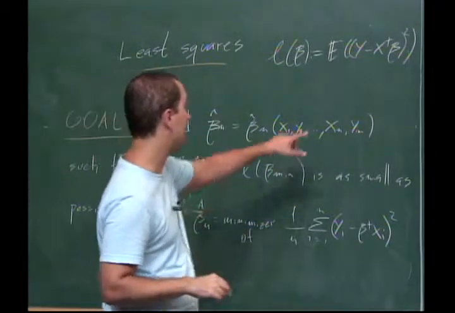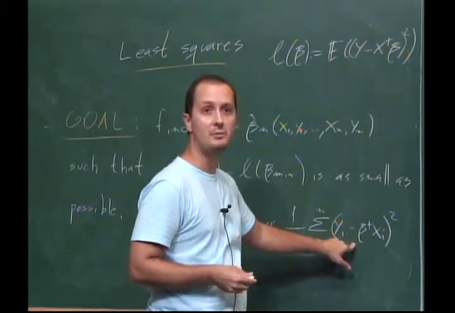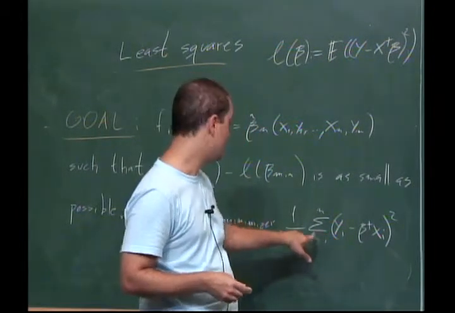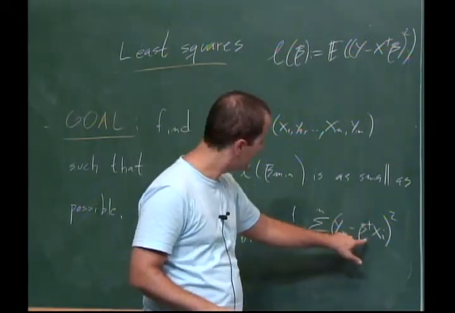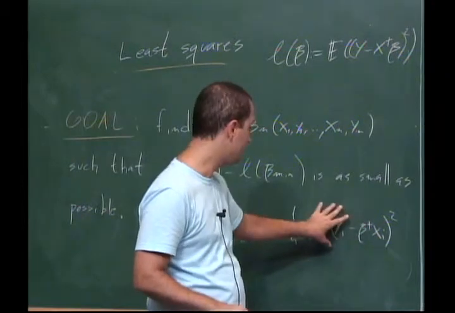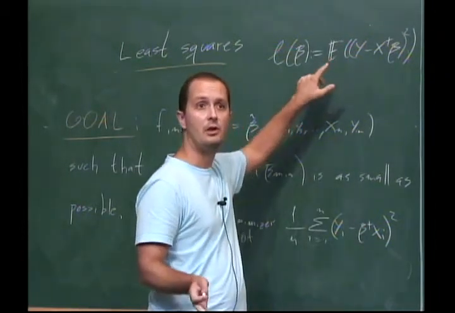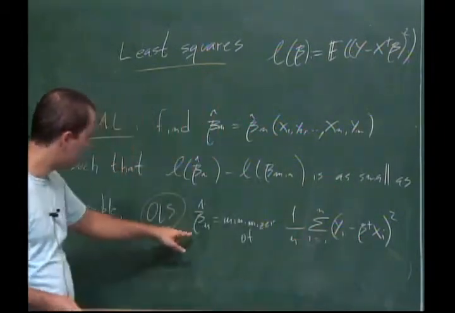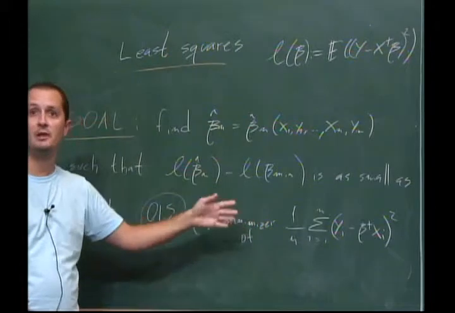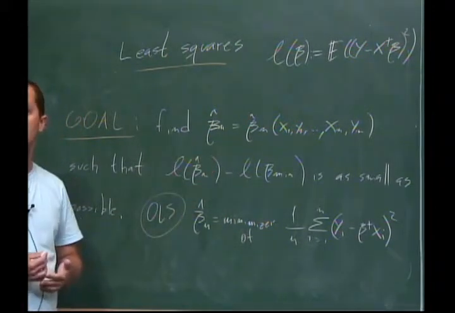I replace the expectation, which I don't know how to compute, by a kind of empirical expectation. So it's an average with respect to the data points. If I fix beta and I compute this mean, I expect it to be very close to this, just because of the law of large numbers, right? For a fixed beta. The problem here is that my beta hat depends on the data, so I cannot apply this sort of law of large numbers argument to tell you how close these things are.